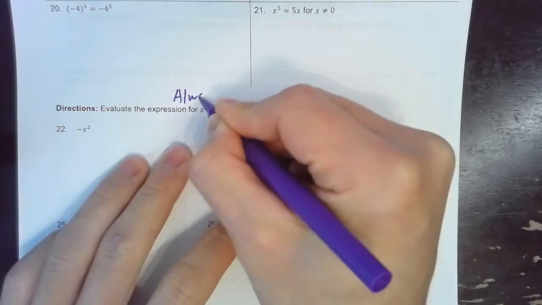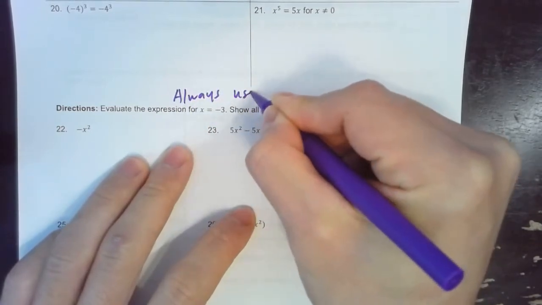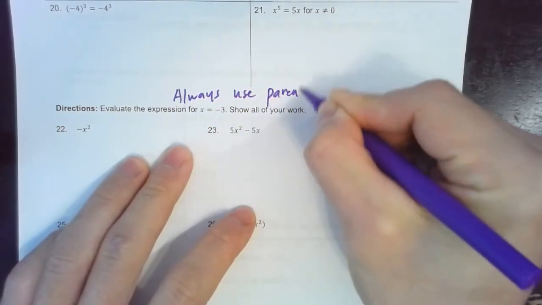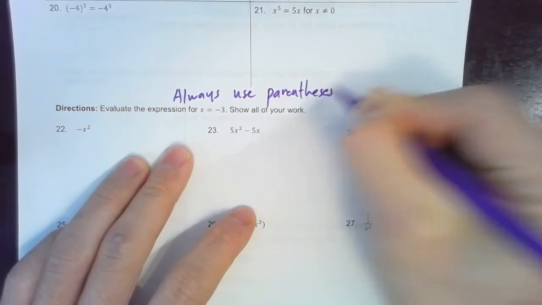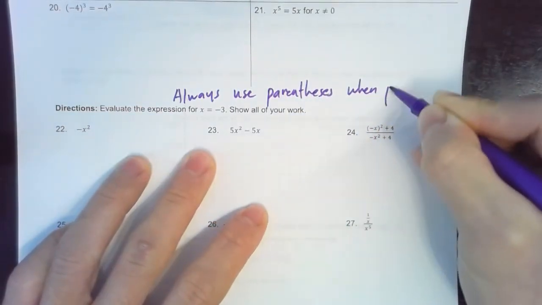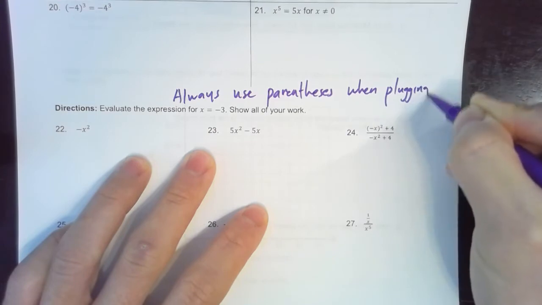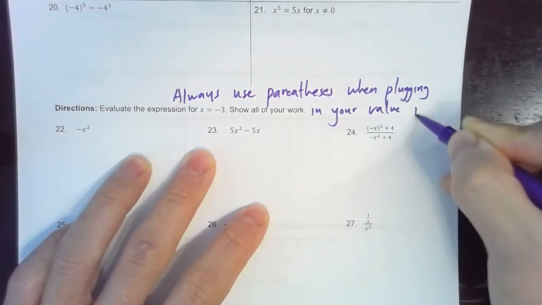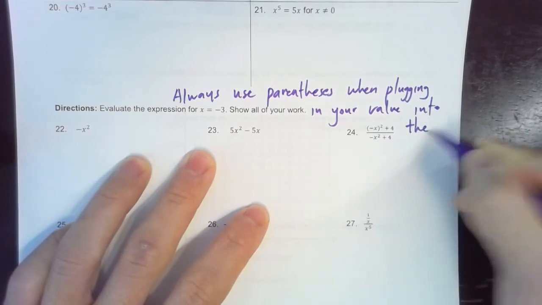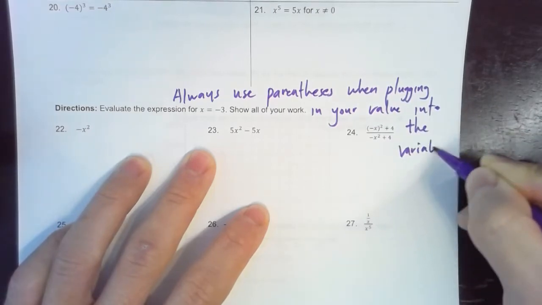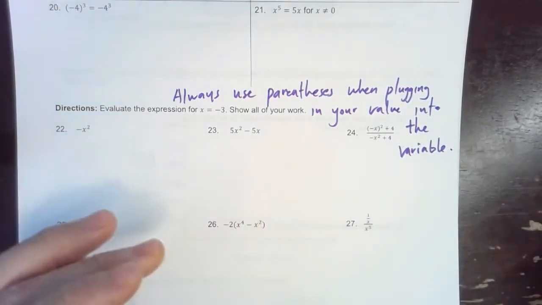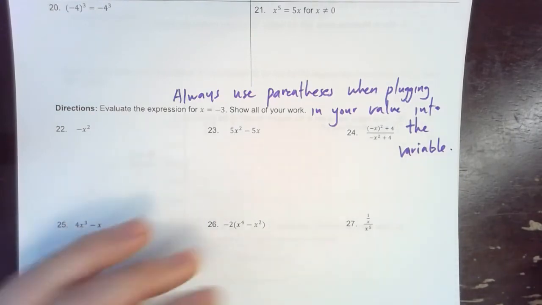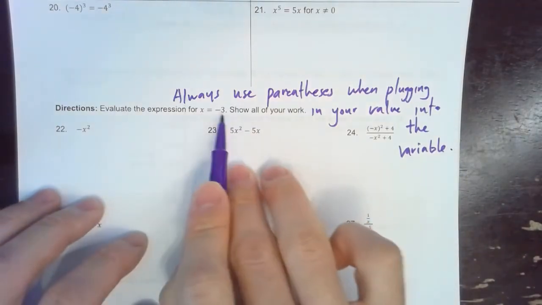So I'm going to write that one more time. Always use parentheses when plugging in your value into the variable. Okay, this is really, really important because it allows you to follow the order of operations. Okay, so let's take a look.